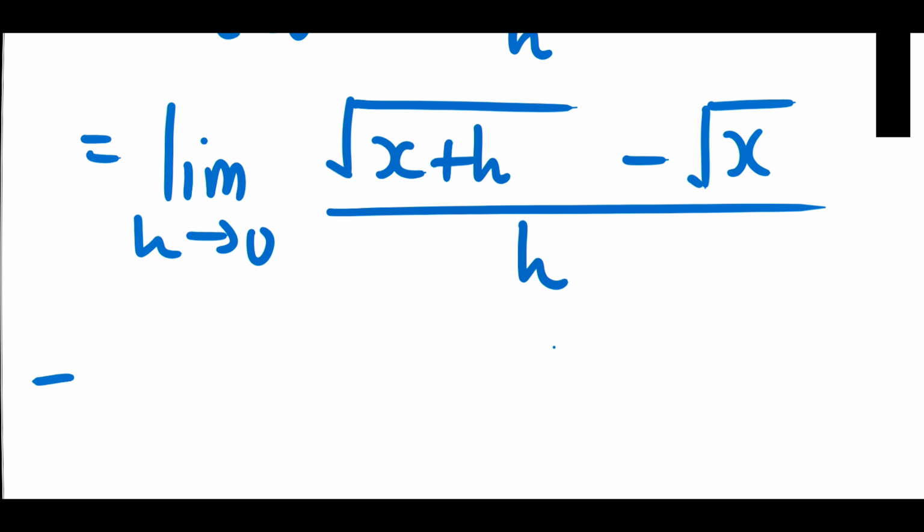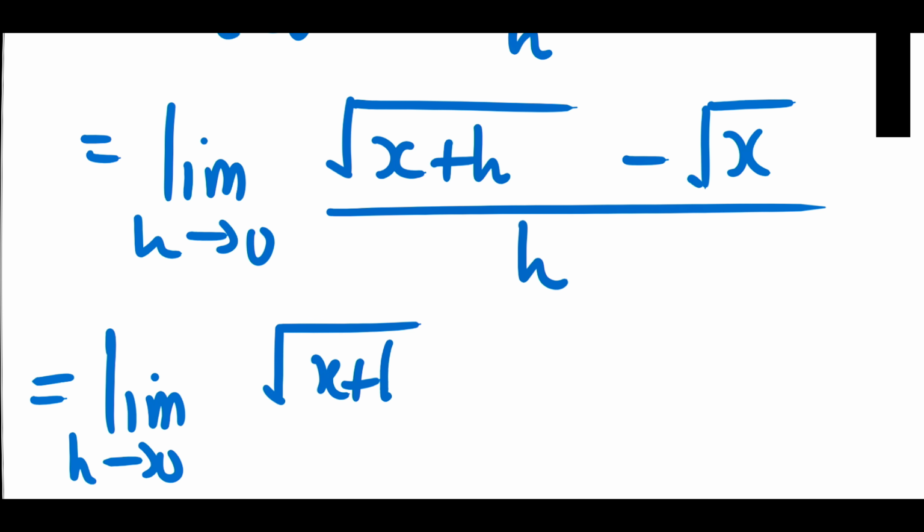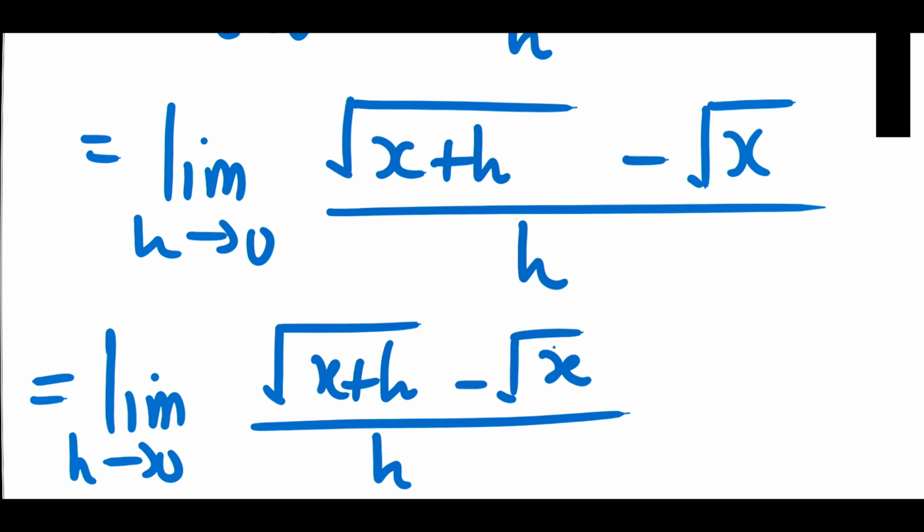All right, so we are going to get the limit as h approaches 0. So we'll be getting square root of x plus h minus square root of x all divided by h. Now we multiply through by the conjugate. That's what we are going to do now.